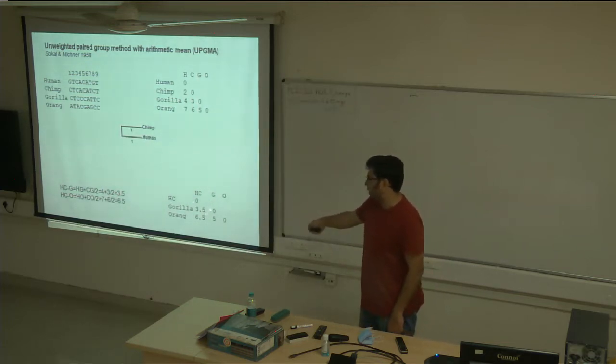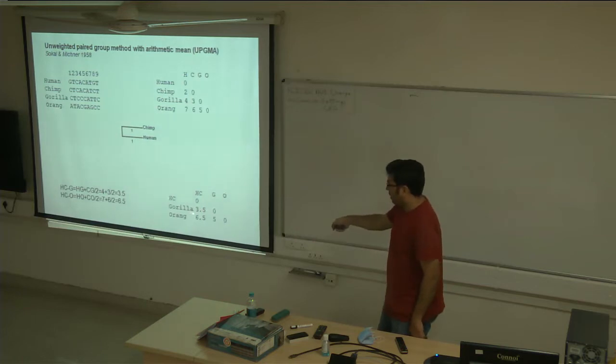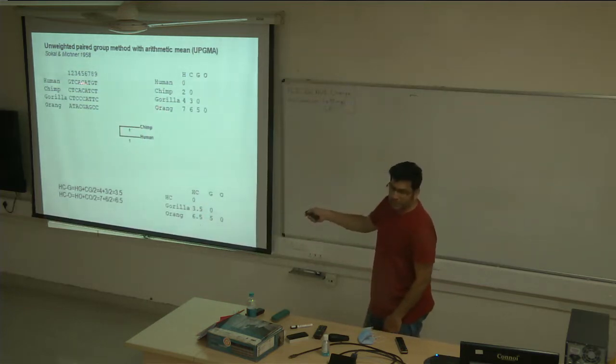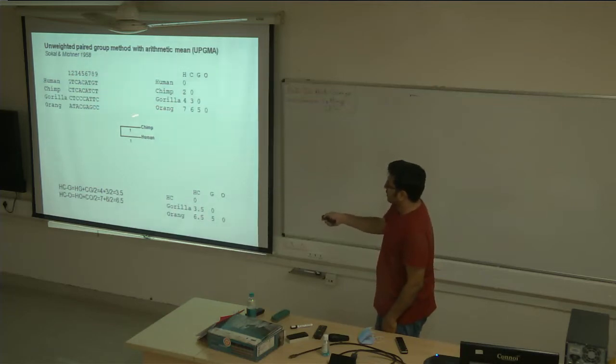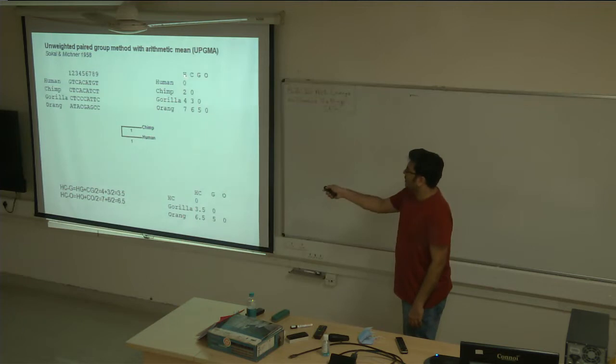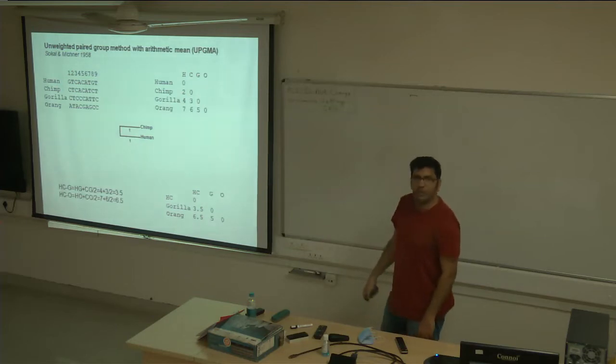So you make another matrix here. The difference between human chimp and gorilla is 3.5. Similarly, another taxa is orangutan. The distance between human chimp and orangutan uses the same formula. The distance between human and orangutan and chimp and orangutan divided by 2 will give you 6.5.